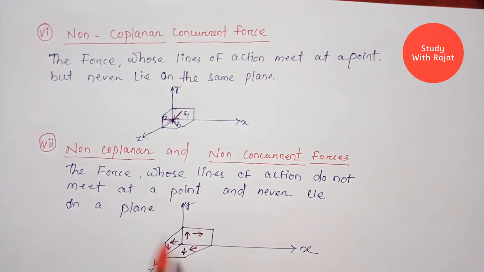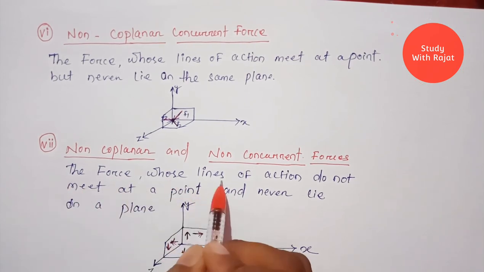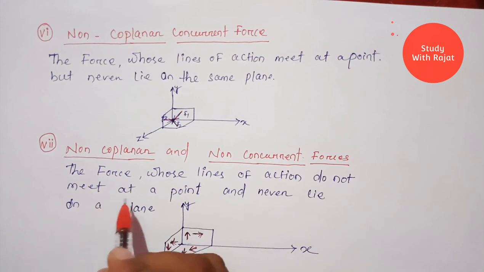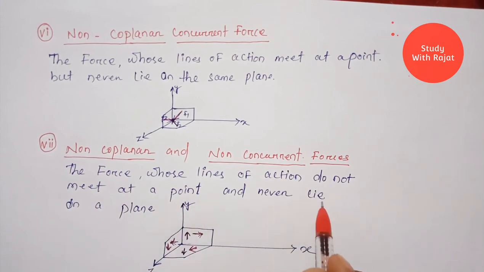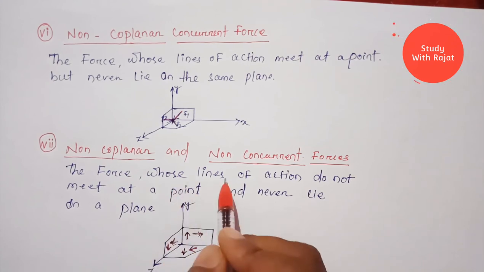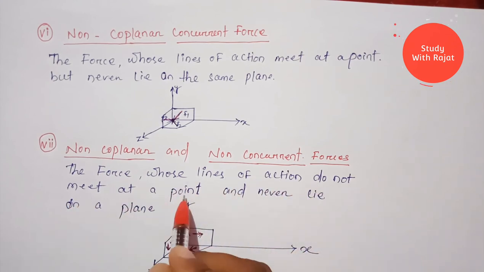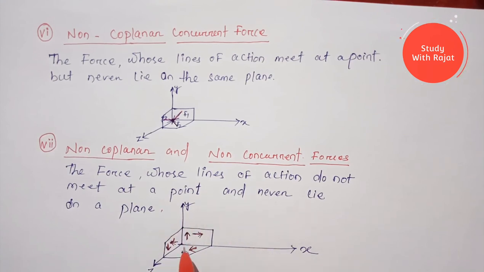Its definition says that these are forces whose lines of action do not meet at a point and never lie on a single plane, which means they lie in different planes.